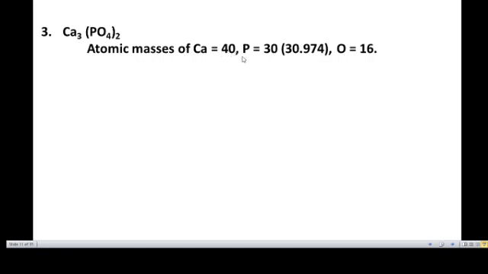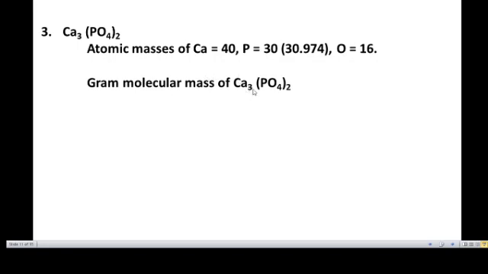Atomic mass of phosphorus is nearly 31, but in your book 30 is given, so we take the mass of phosphorus as 30. The exact mass of phosphorus is 30.974. Mass of oxygen atom is equal to 16. So atomic mass of calcium 40, phosphorus 30 and oxygen 16.